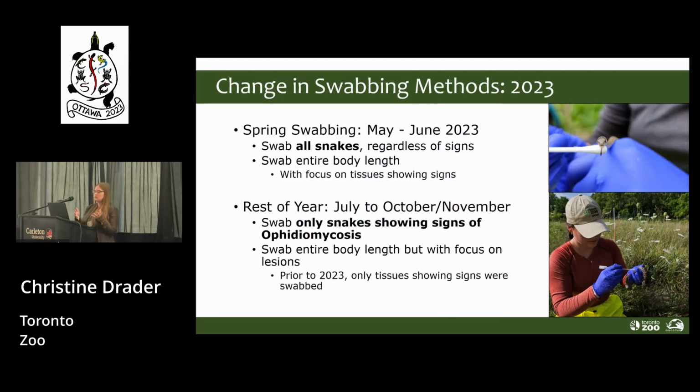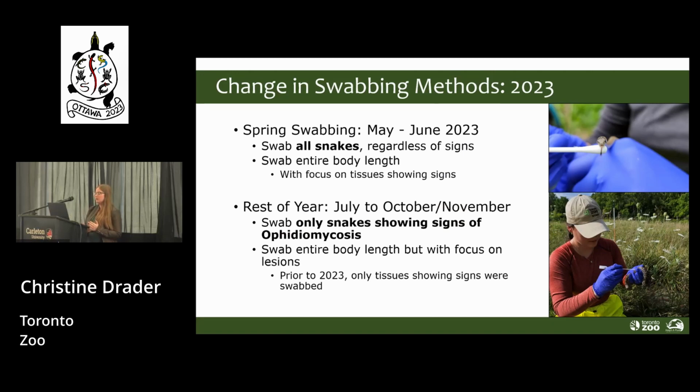Due to this increase of positive samples, we spoke to Dr. Christina Davy and decided that we'd like to try to identify the full extent of Ophidiomycosis in the environment. So this year we modified our swabbing protocol. In May and June specifically, we swabbed all snakes, regardless of whether they presented signs or not. We swabbed the entire length of their body, and if they did have signs, we focused on those tissues.